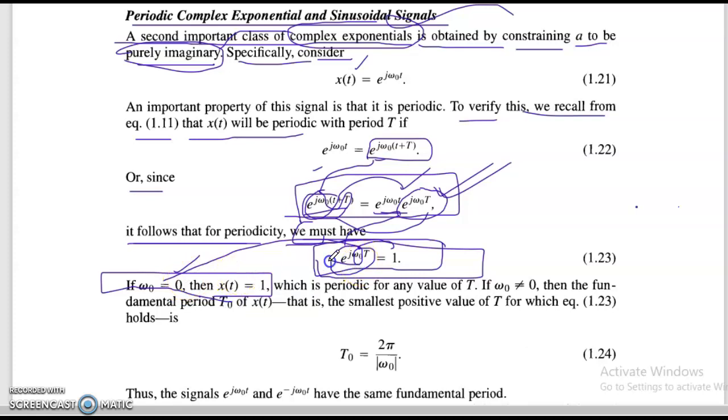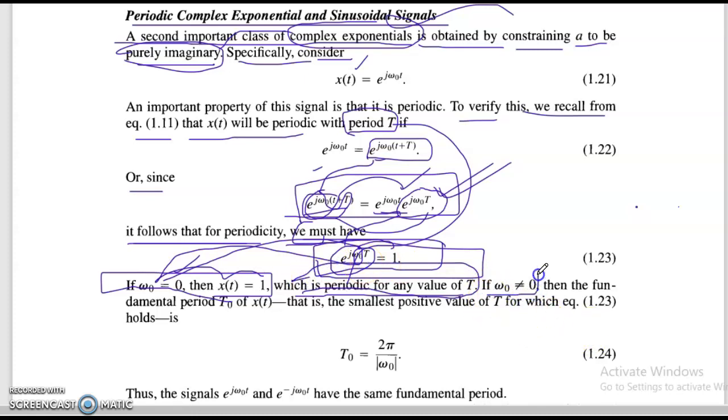If omega naught equal to 0, then x of t equal to 1, which is periodic for any value of T.